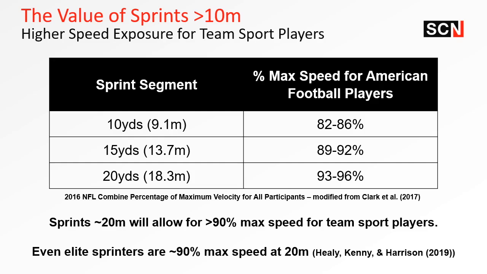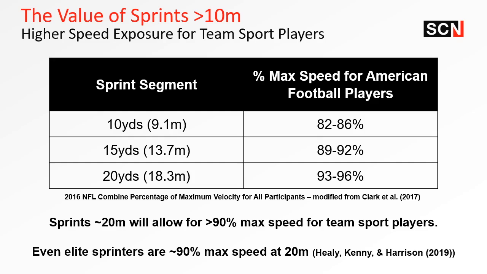We don't want the first time that the athlete experiences that kind of speed to occur in a practice or game setting. So for me, there is a lot of value in sprinting further than 10 meters, but doing so in a way that is logical and progressive in nature so that the athlete is able to handle each stage of higher and higher speed exposure.